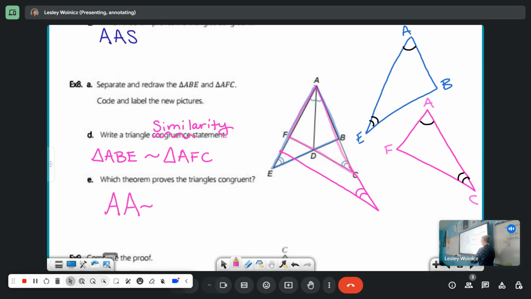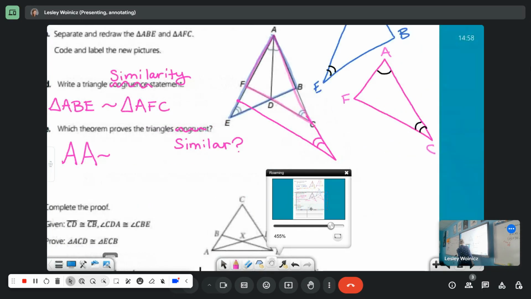Which, now that you see the picture, kind of makes sense. Sorry that it's not congruent, it's just similar. Would you fix that here too? Okay. Well, that was fun. You're shaking your head. Okay, well, maybe not fun.